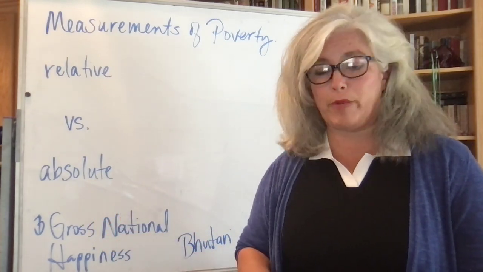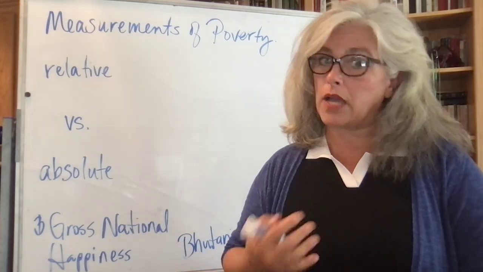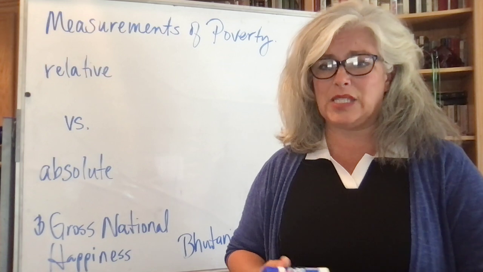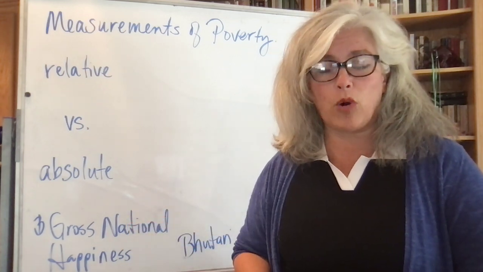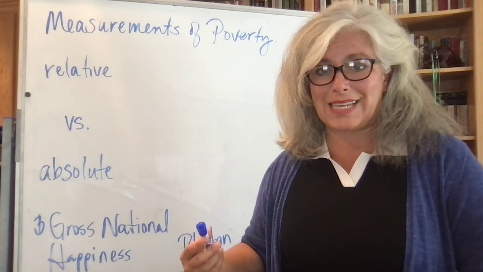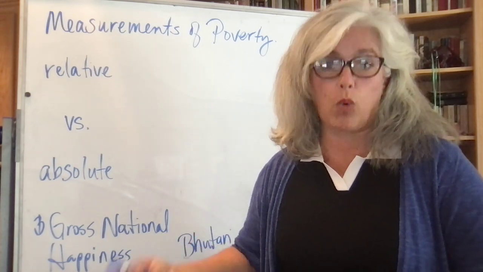Okay, so that's relative poverty. Very, very common. Absolute poverty is becoming more common in the United States, but it is safe to say relative poverty is the most common form of poverty that you will see highlighted as social problems around the world.